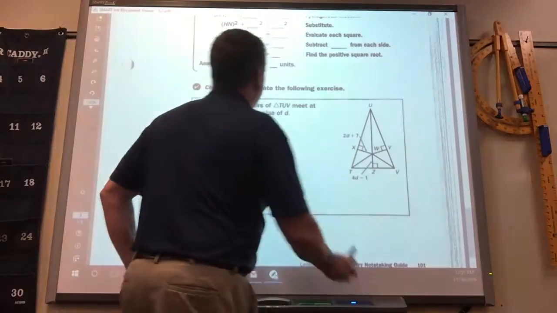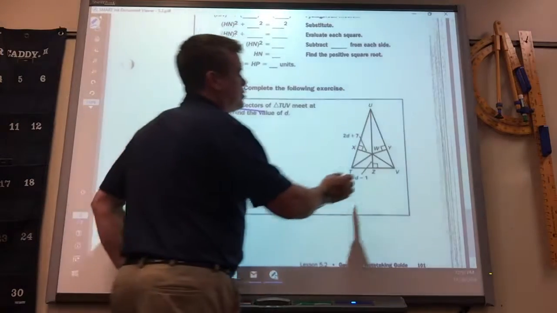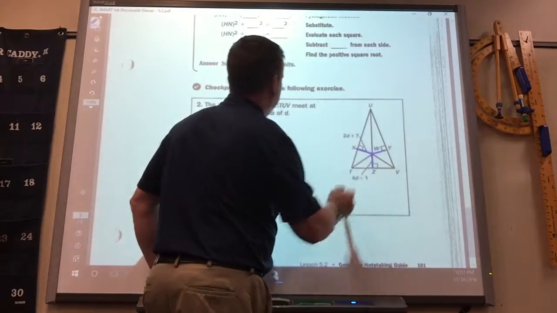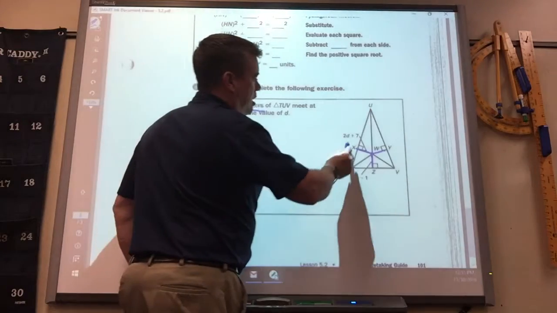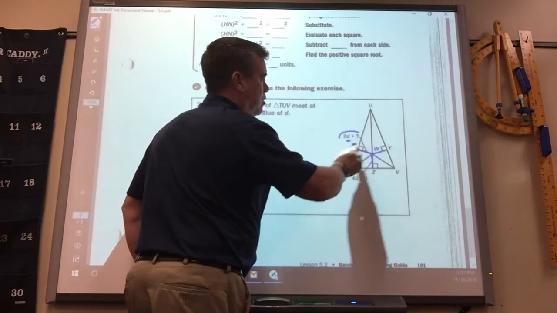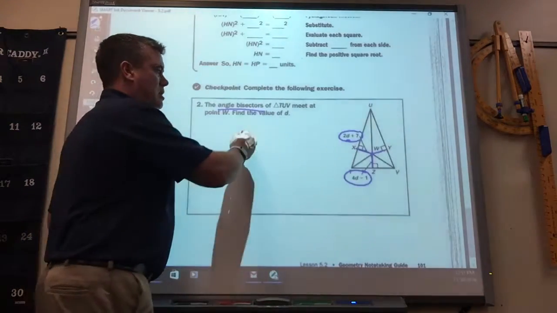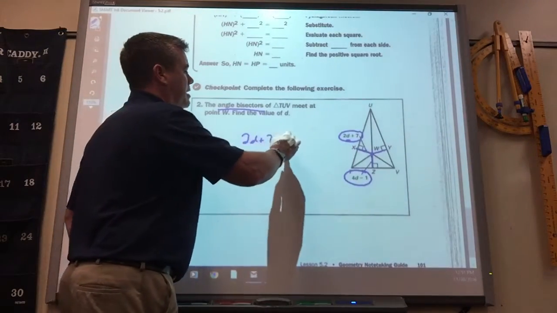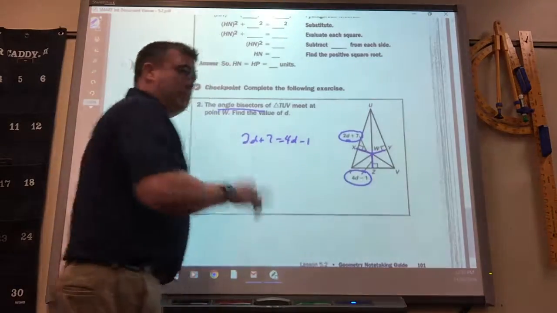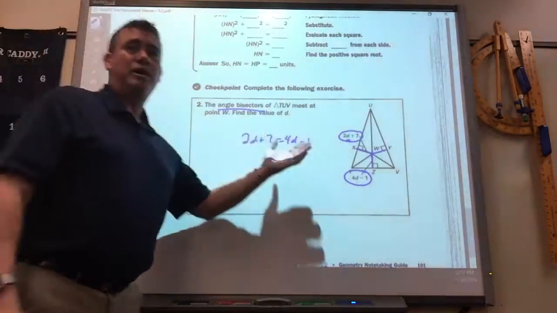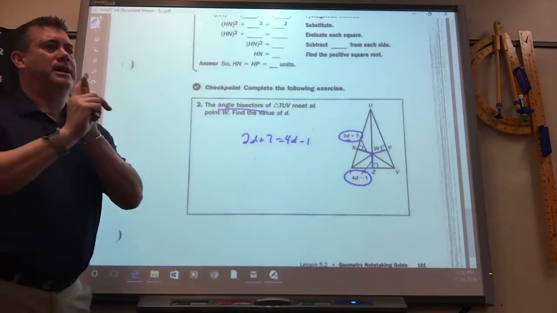Okay, here we've got angle bisectors, which means this equals that equals that. So to figure out what D is, what do you know about this and that? They're equal. 2D plus 7 equals 4D minus 1. And in geometry, I haven't said this for a while, but when you write an equation, one of two things is going to happen.